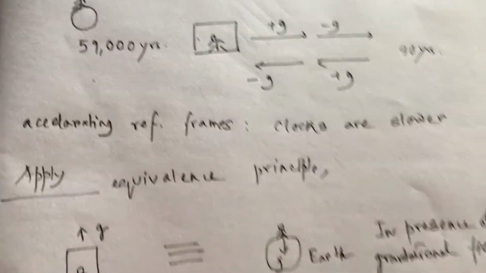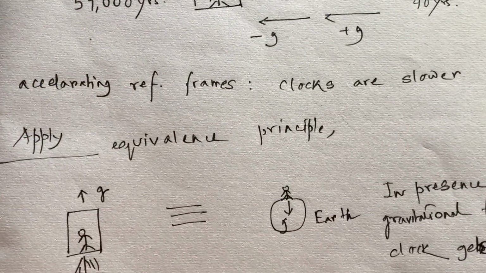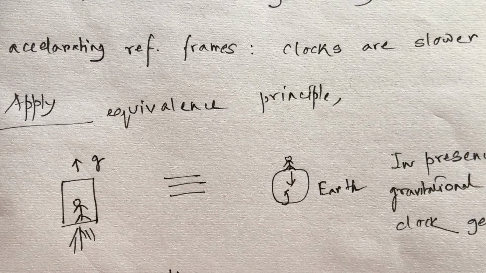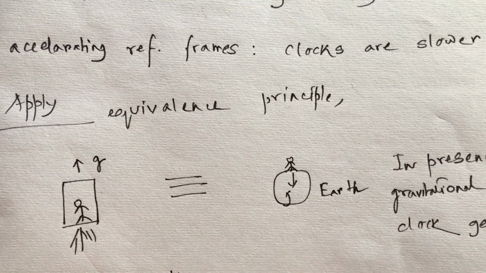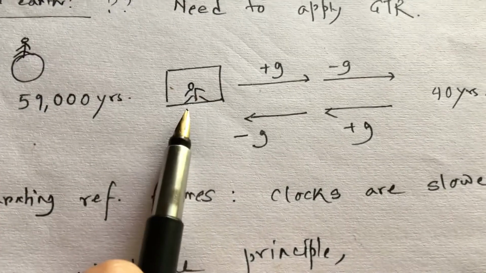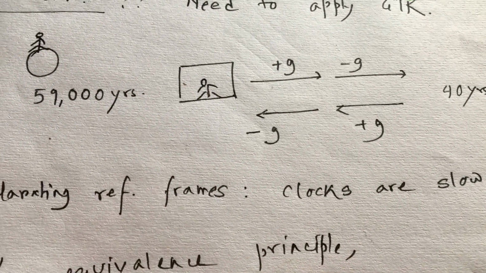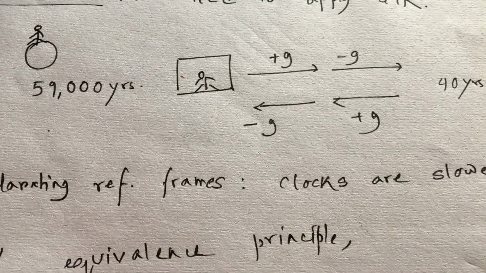So accelerating reference frames make clocks slower. And if this is valid, the acceleration in the reference frame makes the clock slower.